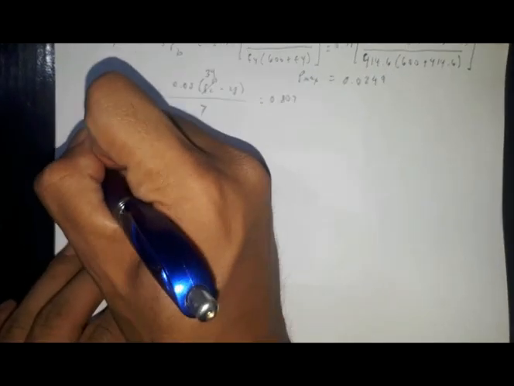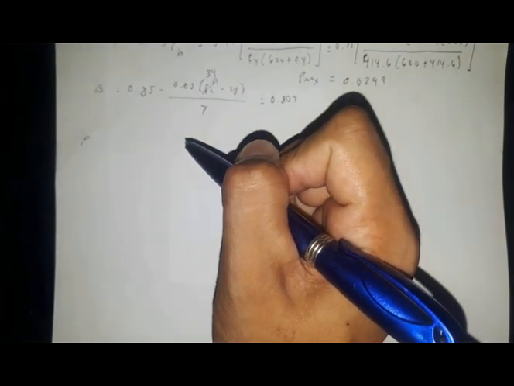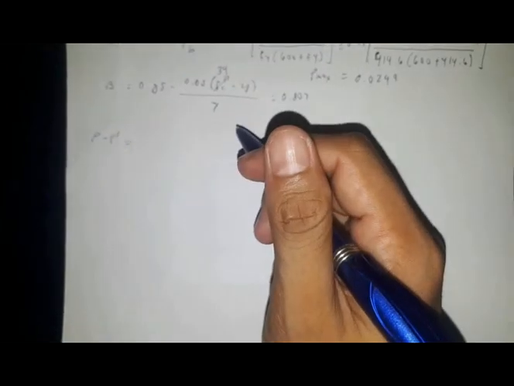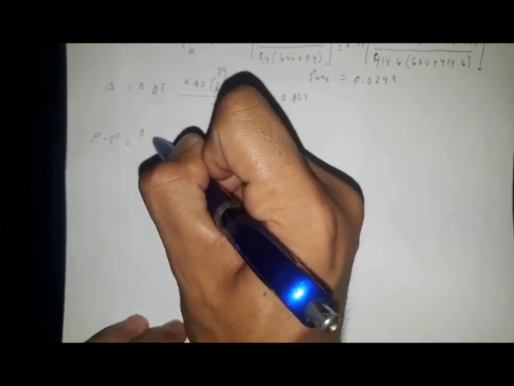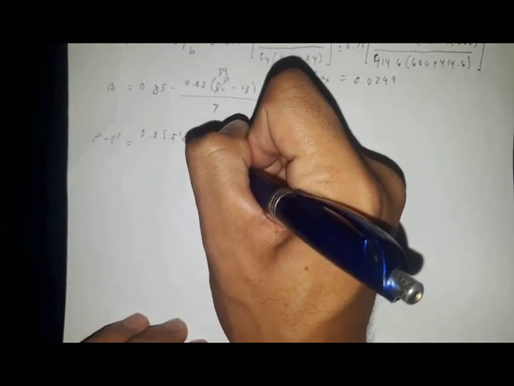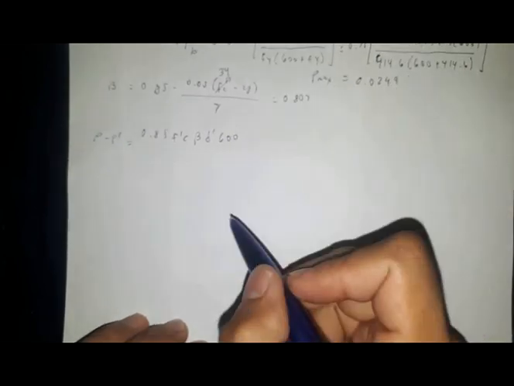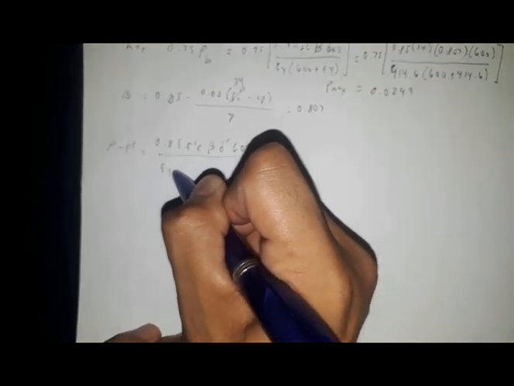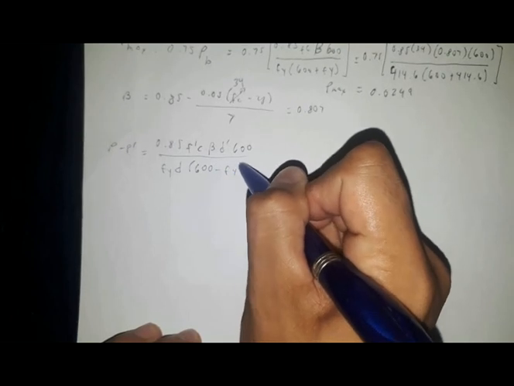So, we have the formula rho minus rho prime is equal to 0.85 FC prime beta D prime times 600 over FYD times 600 minus Fy.